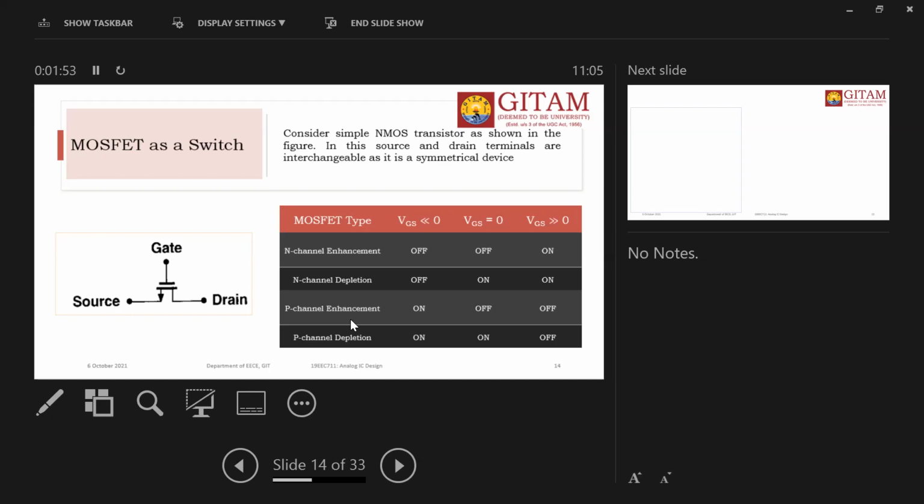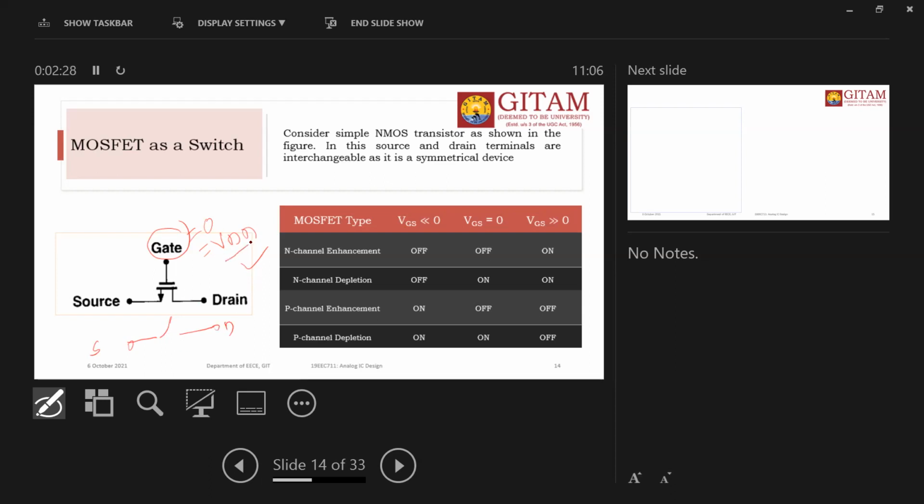See, for example, if you take this circuit, this is the NMOS transistor, with source and drain. Depending on the gate potential, which may be 0 or VDD: if it is 0, the transistor acts as an open switch, so no signal will pass from source to drain.